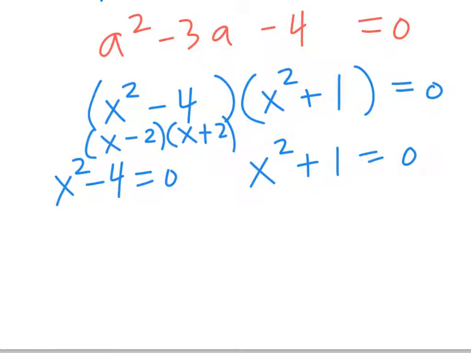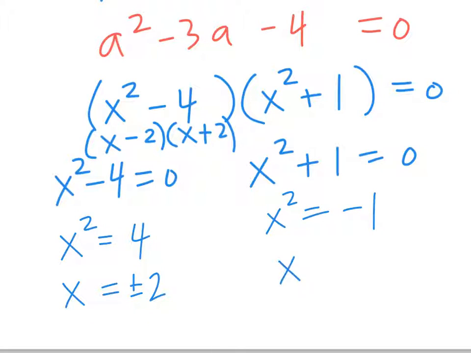Solve. x squared equals 4. x equals what? Plus minus 2. Okay, x squared equals minus 1, so x is equal to what? Plus minus square root of negative 1, which is not 1. It's i. Plus minus i.